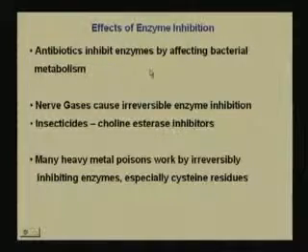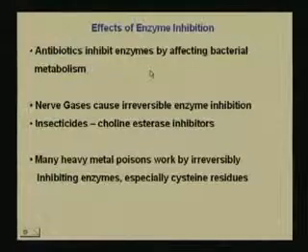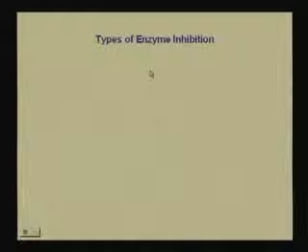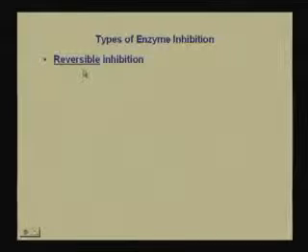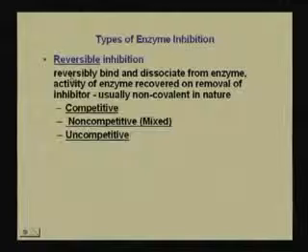Okay. So, how do we study enzyme inhibition, or what are the different types of enzyme inhibition? Actually, there are two different types. We have reversible inhibition. Now, reversible inhibition can be of three types. What are these? In reversible inhibition, as the name implies, the inhibitor can bind and dissociate from the enzyme.